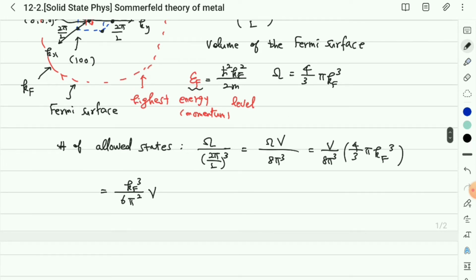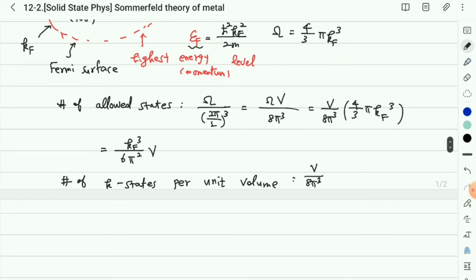Here the number of k states per unit volume is V over 8π cubed, which is the volume of the k-space unit cell.